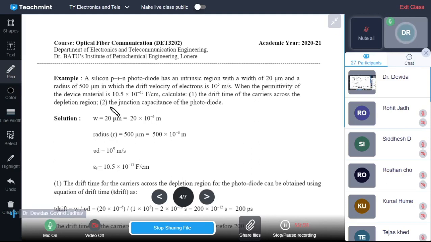And second, the junction capacitance of the photodiode, that is Cj. So we have to calculate T drift and Cj.